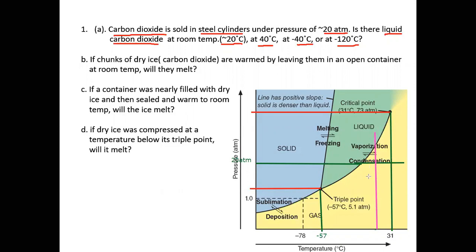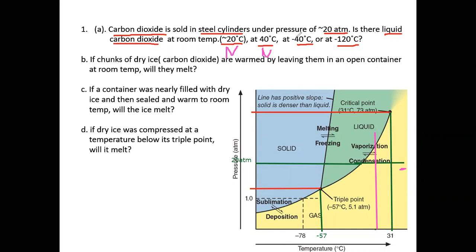So at 20 atmospheres and 20 degrees Celsius, would we have liquid CO2? Based on our approximations, the answer would be no. We'll put an N for no. At 40 degrees Celsius, it would be no, because 40 degrees Celsius would be out here and it would be in the vapor state. So that would be no.